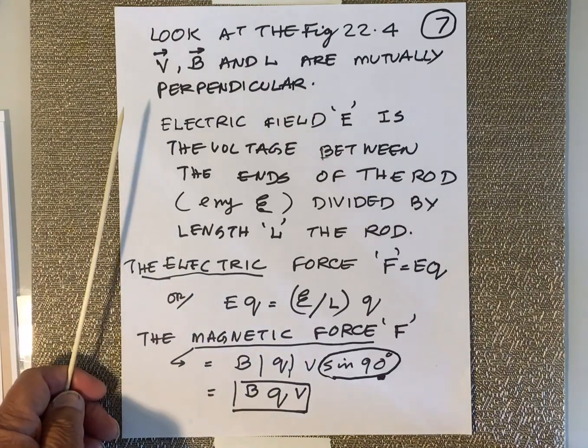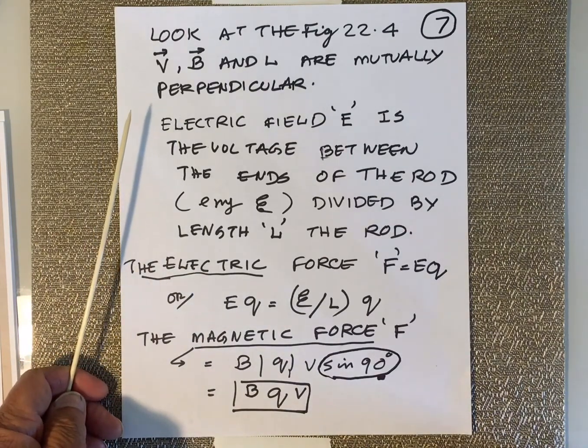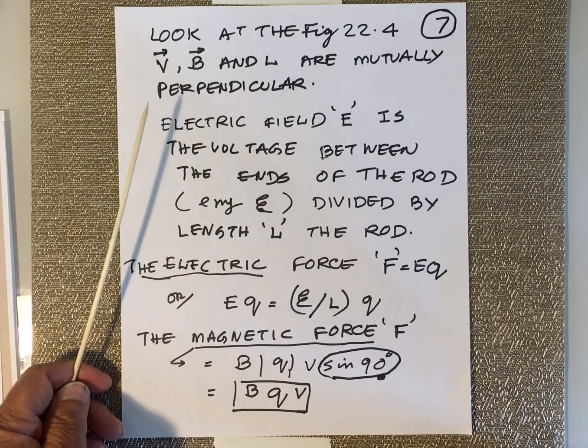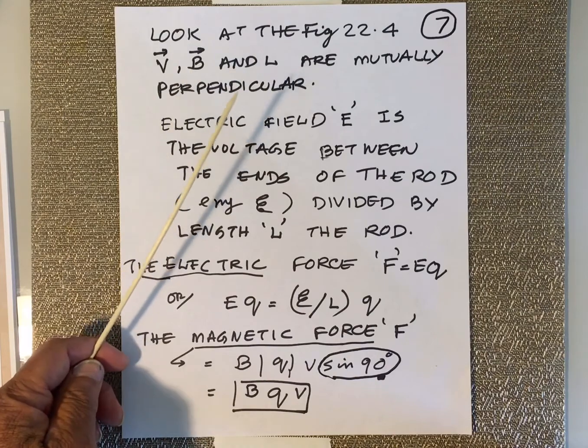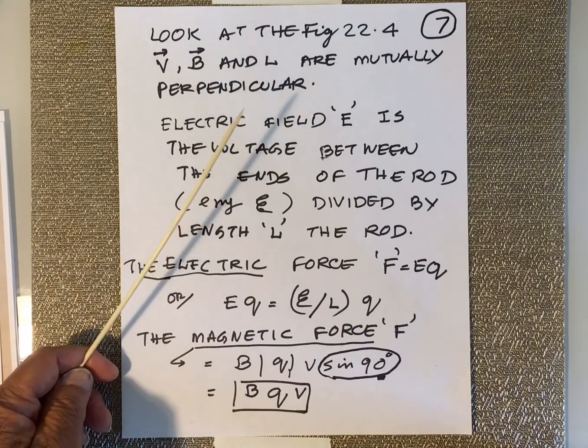Now look at figure 22.4, where you will see the velocity of movement, magnetic field, and the length of rod are mutually perpendicular to each other.